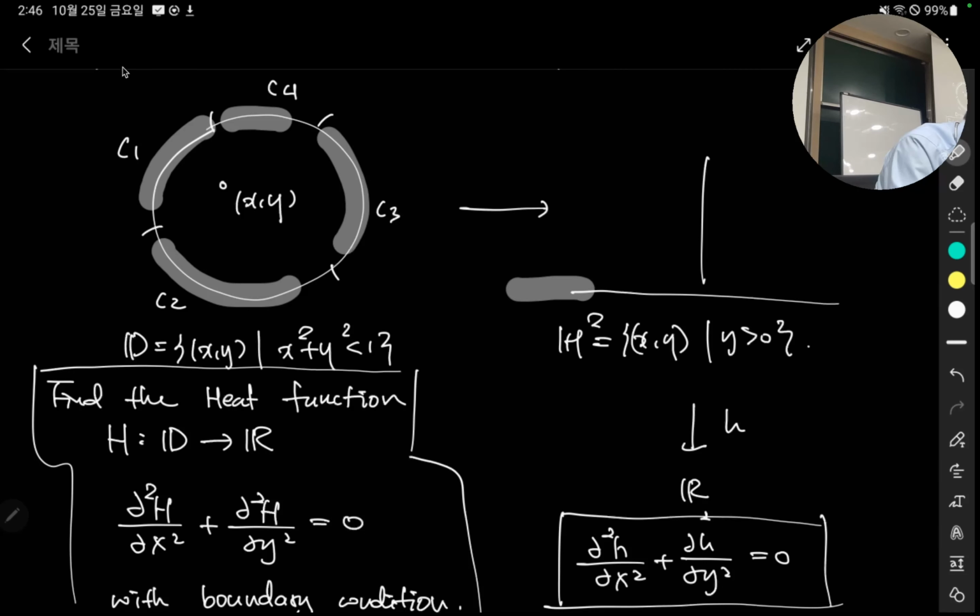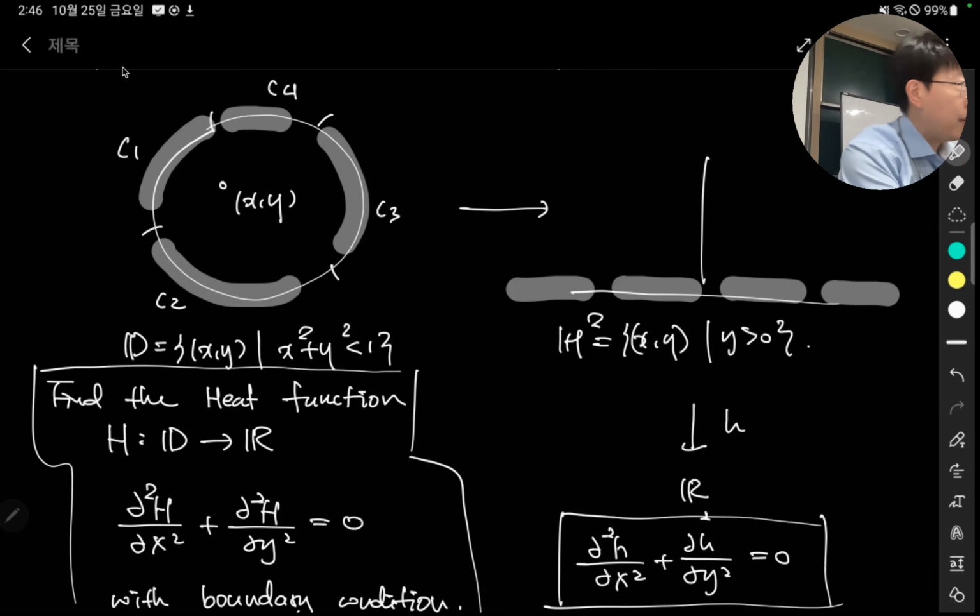Since we split it into 4 pieces of boundary, on the upper plane that also becomes 4 pieces. So here we have 1, 2, 3, and 4.